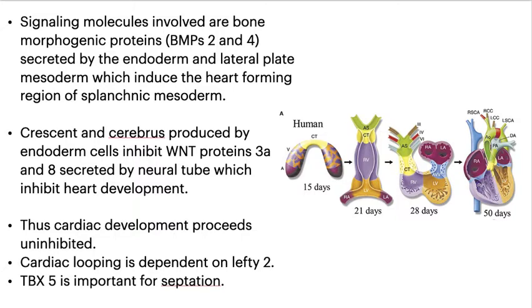Crescent and Cerberus produced by endodermal cells inhibit WNT proteins 3A and 8 secreted by the neural tube, which inhibit the heart development. Thus, the cardiac development proceeds uninhibited. Cardiac looping is dependent on Lefty2, and TBX is important for separation.